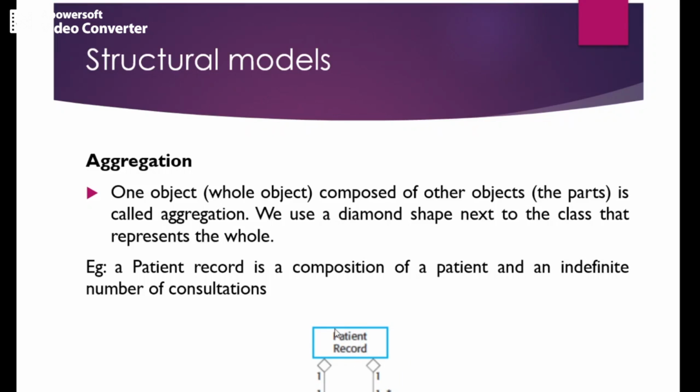So a patient record is a composition or aggregation of a patient and an indefinite number of consultations. Indefinite means here infinite, so it will be star. You can see the diamond shape is attached to the whole class, the class which represents the whole.